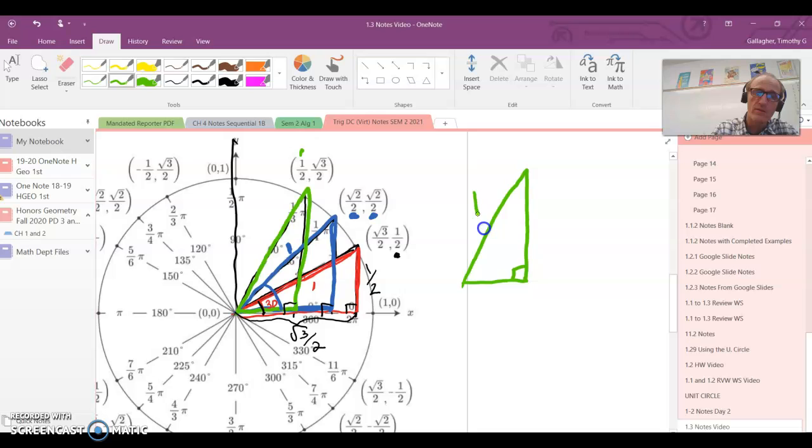I'd have 1 for the hypotenuse. I would have 1/2 for the short leg here, because the x is 1/2, so that means I go over 1/2. And then I would have the square root of 3 over 2 for the longer leg there. And this angle is 60 degrees, or pi over 3.